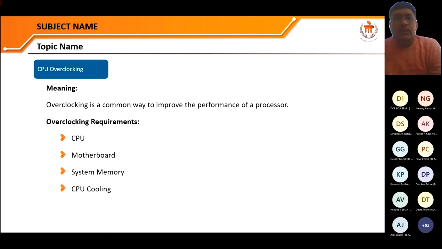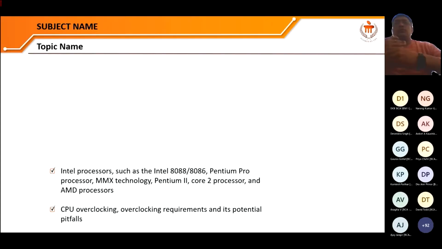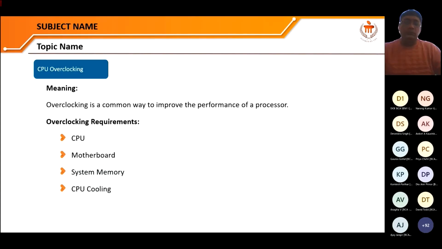It means if the CPU is running slow, we can increase the clock running time, so we can increase the performance. So it is the common way of overclocking to improve the system performance.